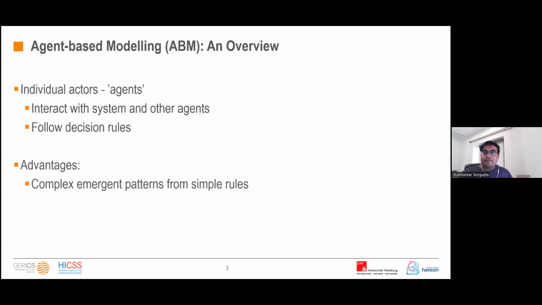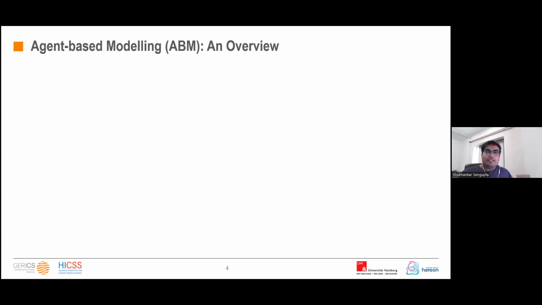ABMs also possess the advantage of having all the underlying mechanisms visible, so you can track and analyze all the causal pathways. So there isn't a black box there. There are some limitations to agent-based modeling. Due to its nature, it is required that when you're building the model, the system is known at a much higher level of detail than you would require in an aggregate model, for example.